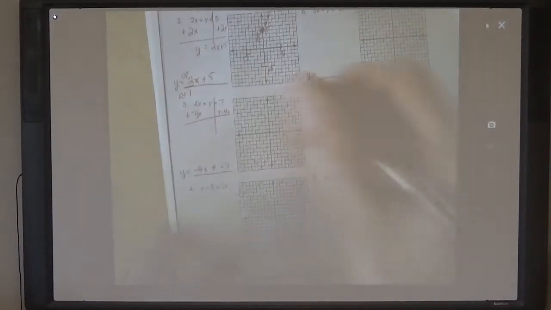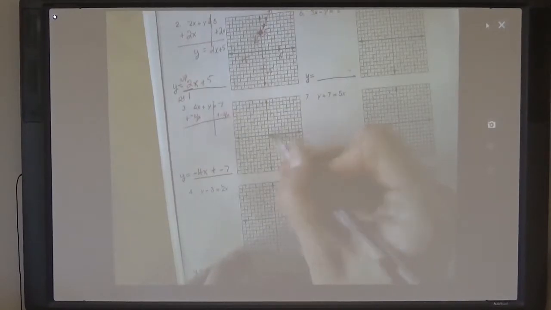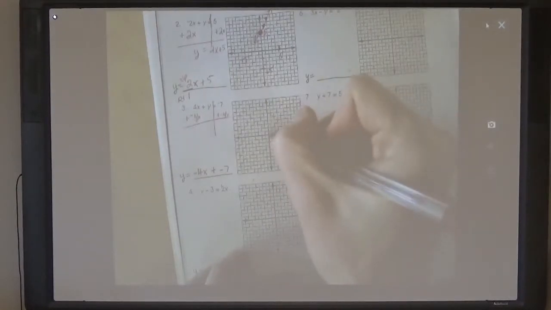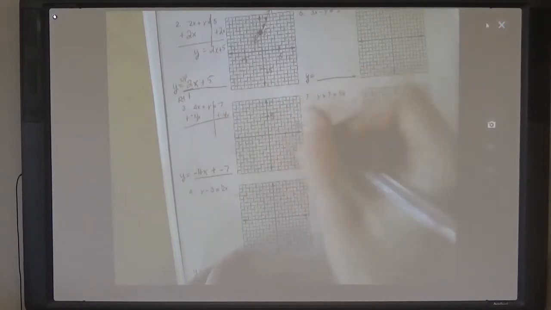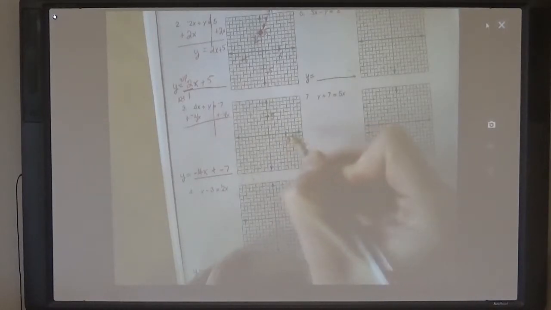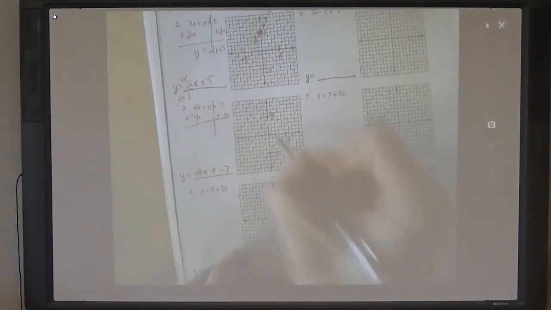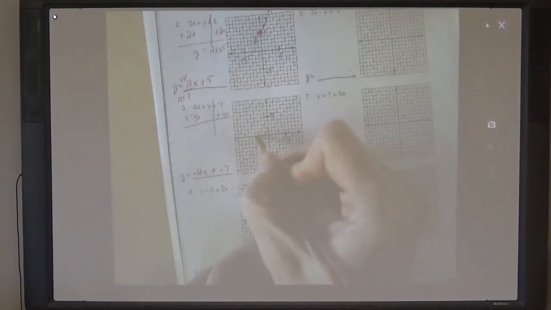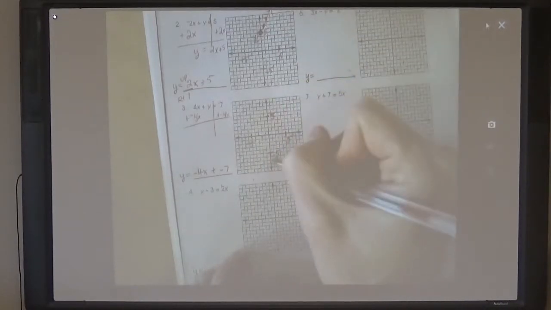Now, when we set up our graph, there are 10 spaces. We only need to mark the first 5. So set up your graph again. -5 and -5. Now, mark -7.